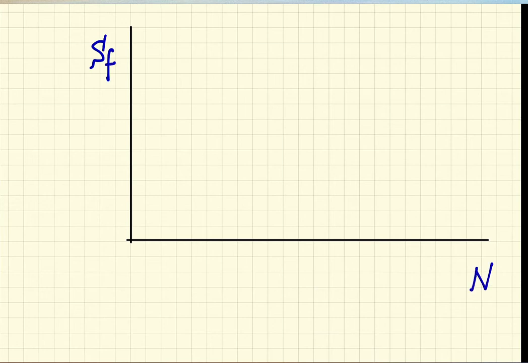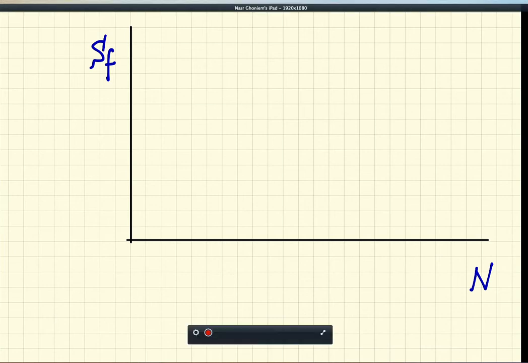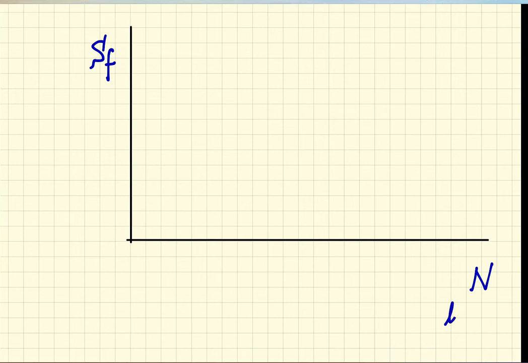So if I consider this relationship and look at the data, then the data will imply that I have S sub F as a function of N, and N varies dramatically, so I have to use a log to the power 10 plot, meaning that I have one cycle here, and then I will have 10 cycles and 100 cycles and 1,000 cycles and 10,000 cycles and 100,000 cycles and then 1,000,000 cycles.